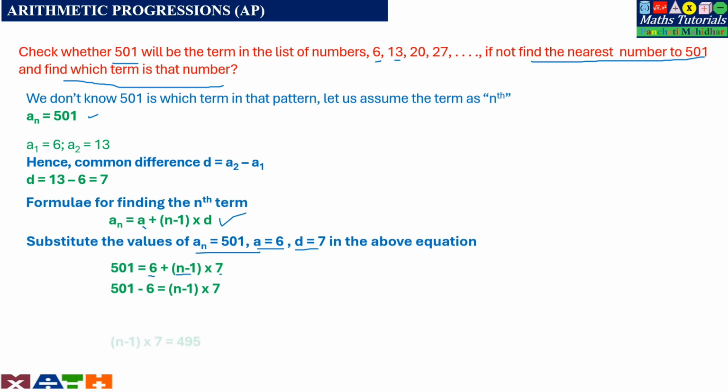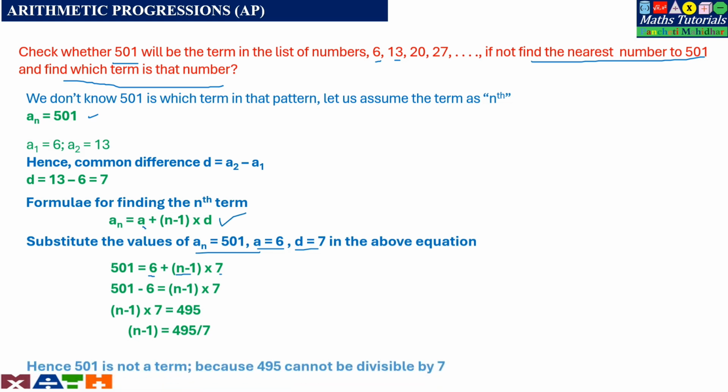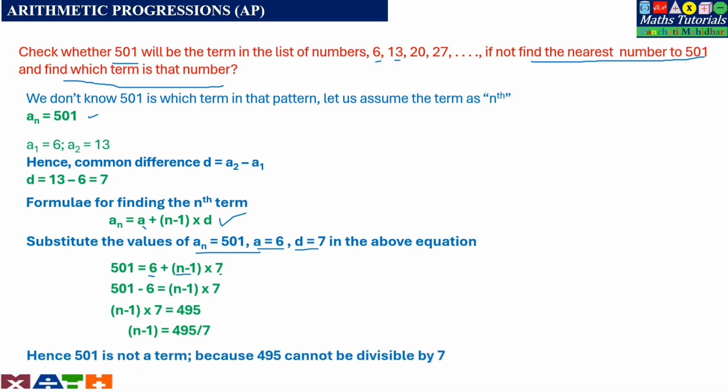We can rewrite the above equation as n minus 1 into 7 is equal to 495. N minus 1 is equal to 495 divided by 7. Hence 501 is not a term because 495 cannot be divisible by 7.